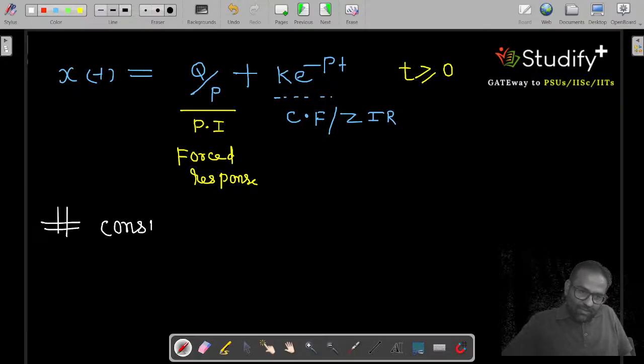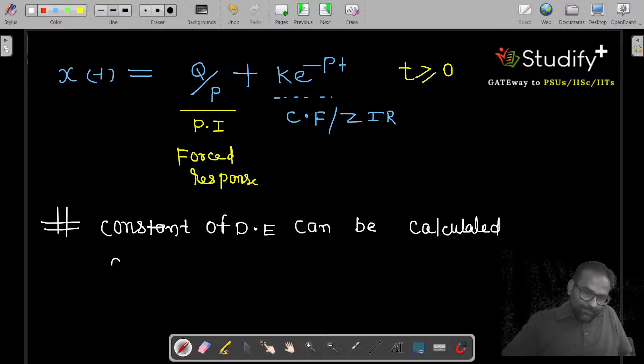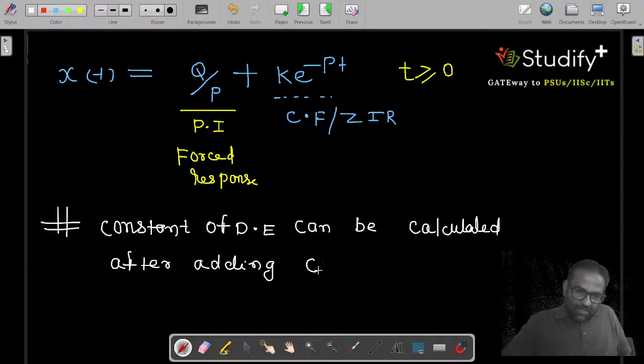The constant of a differential equation can be calculated after adding CF and PI.